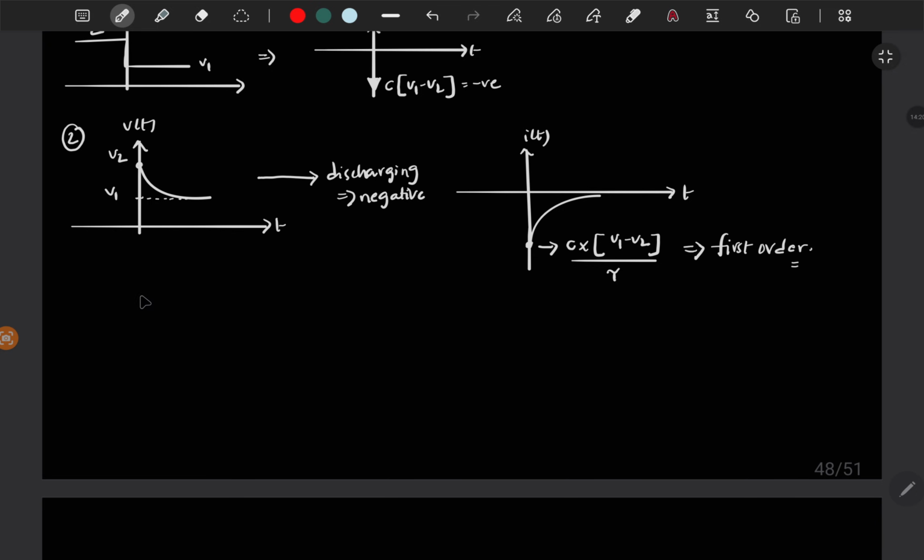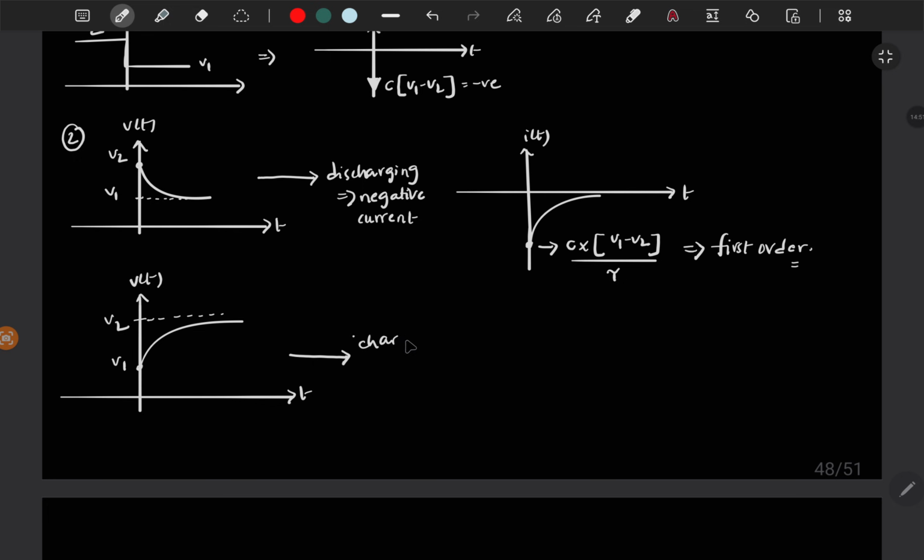And suppose if it charges from V1 to V2, then this is negative current and you will get positive current. Charging implies positive current.